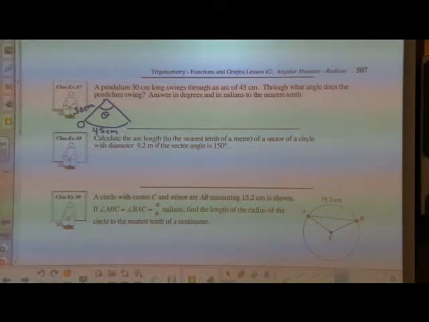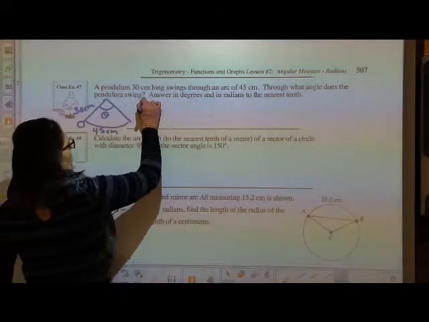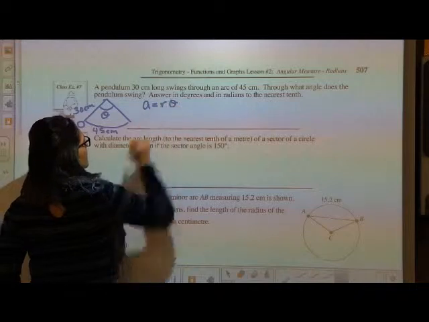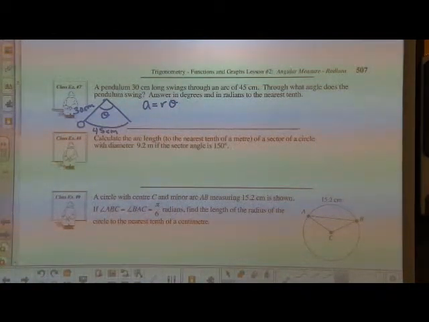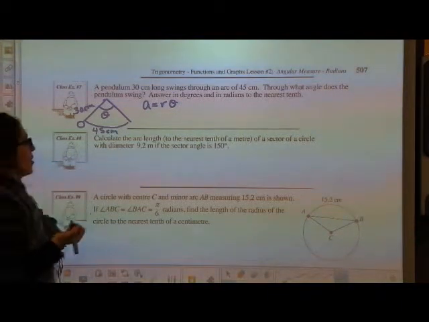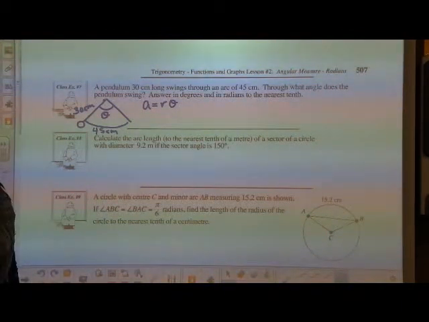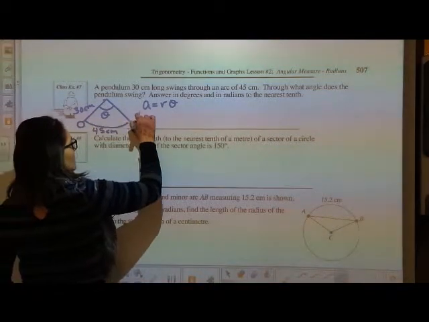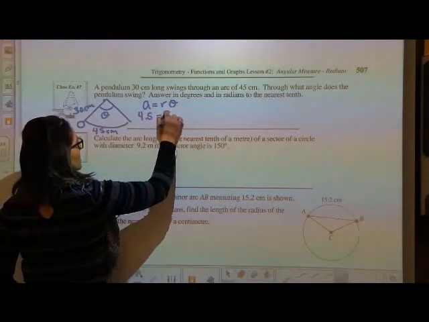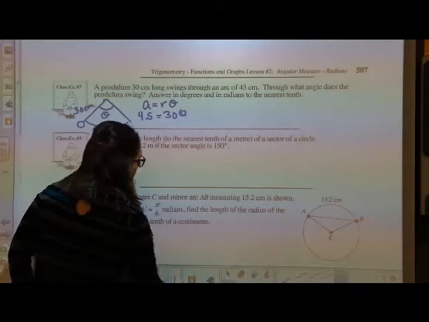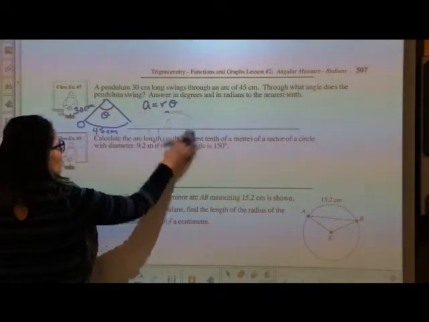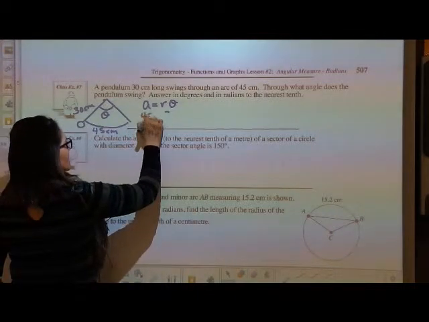You are given the arc length formula on your formula sheet: A equals r theta. What variables do I have values for? A and R. What's A? 45. And what's R? 30. Rewrite that. So 45 would equal 30 theta.